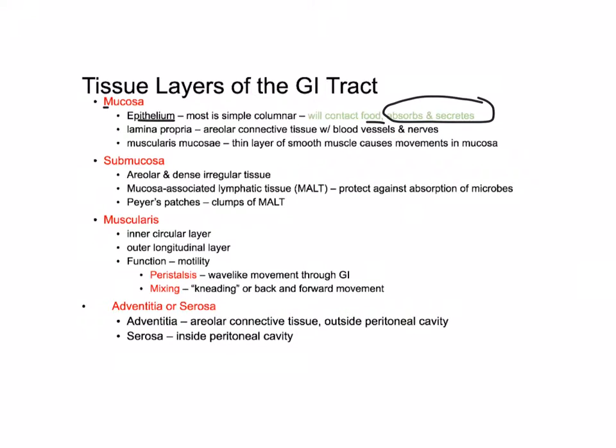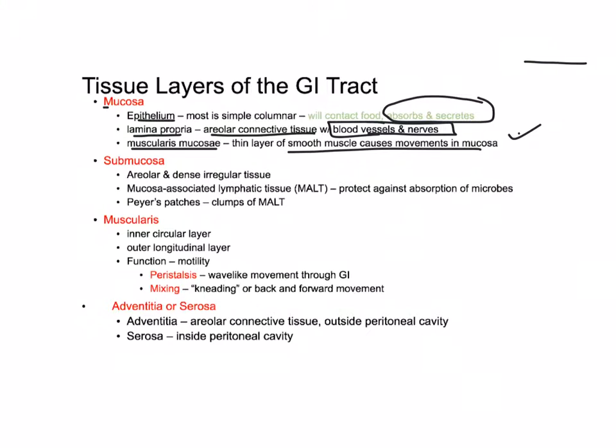The lamina propria is immediately below the epithelium, and it's areolar connective tissue full of blood vessels and nerves. That's how things will get absorbed. Something a little bit different is this layer called the muscularis mucosa, a thin layer of muscle underneath the lamina propria. I'll show you on the next slide. What it's going to do is make the mucosa move.